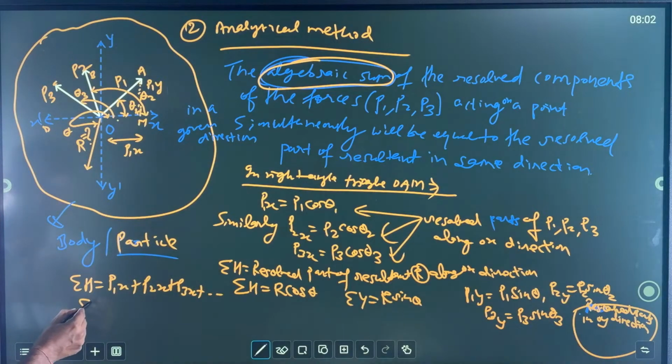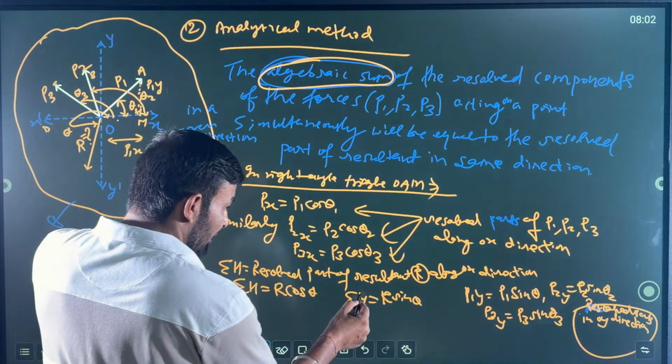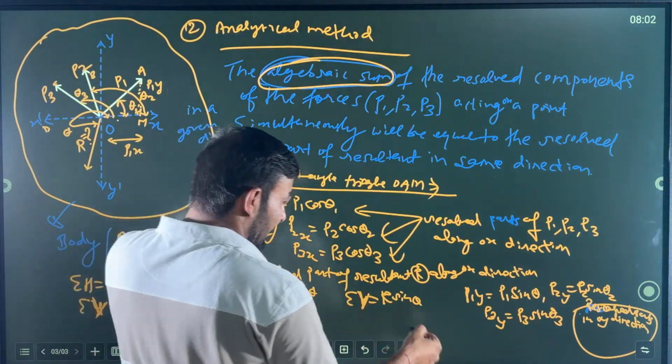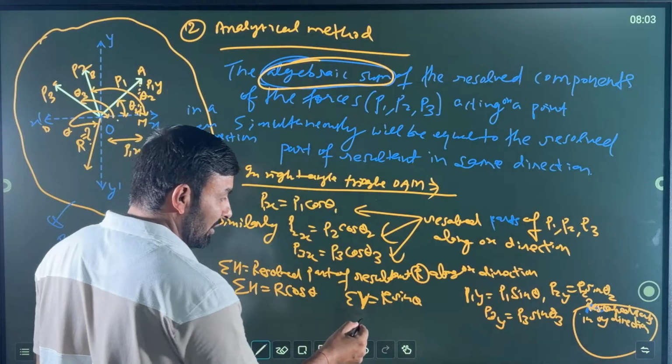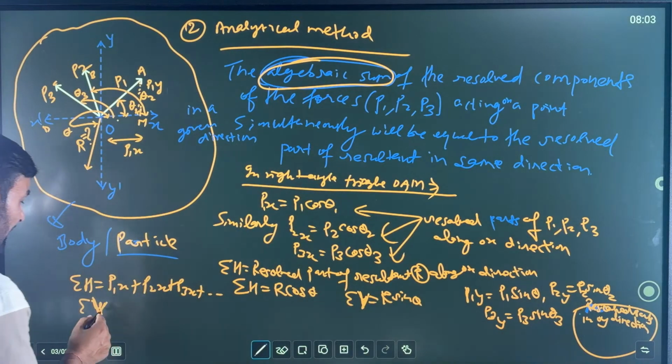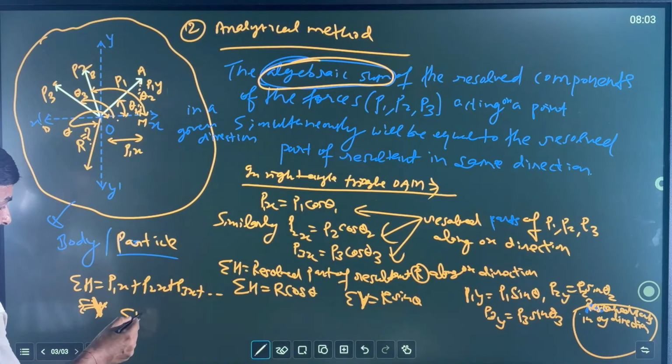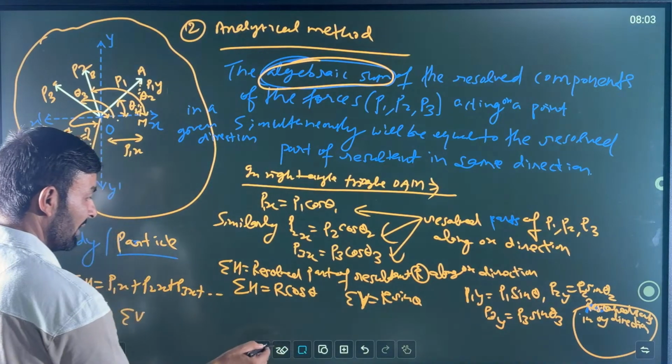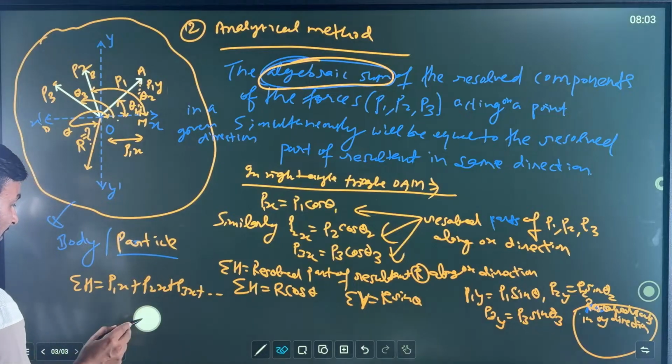And summation y, or sometimes you can also take summation v, that's not a problem. Don't get confused. These are just notations we are taking from our side. Don't get confused.